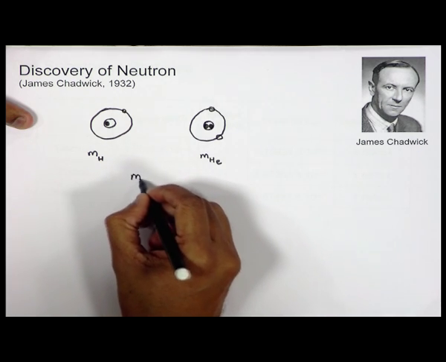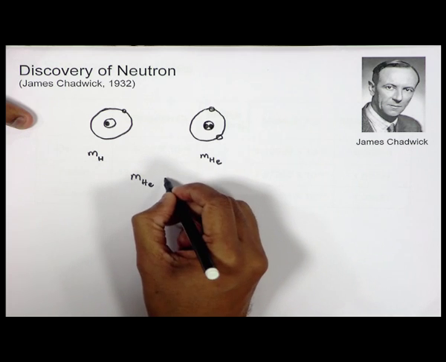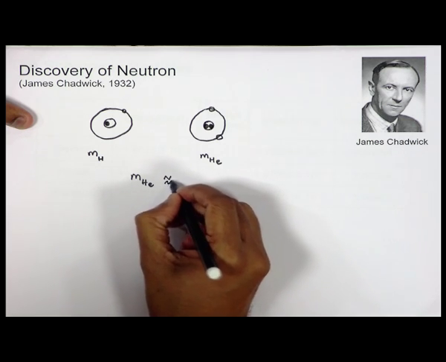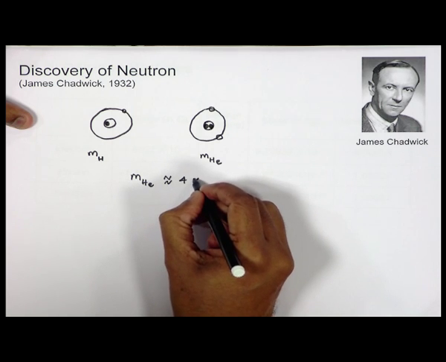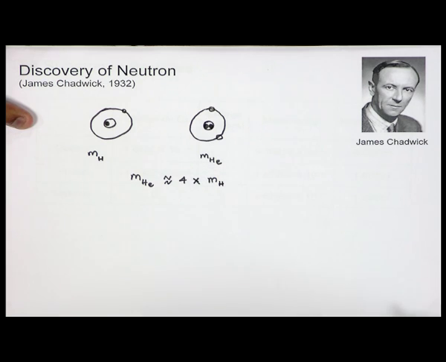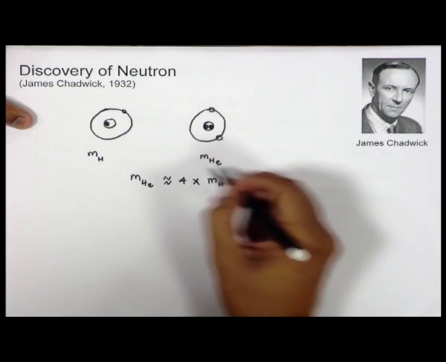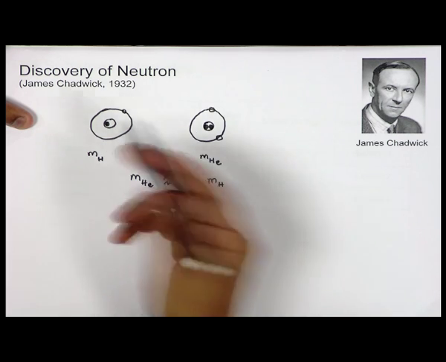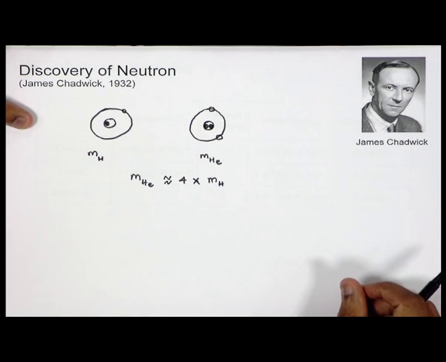However, the experiments showed that the mass of a helium atom is close to 4 times the mass of a hydrogen atom. That was surprising. Why should that happen? Where is helium getting more mass from?